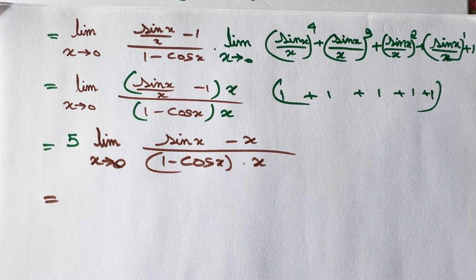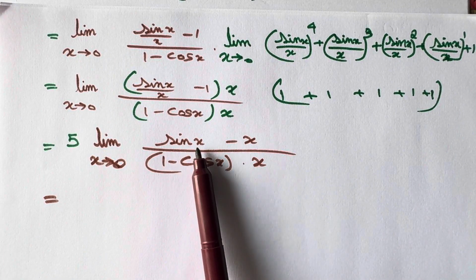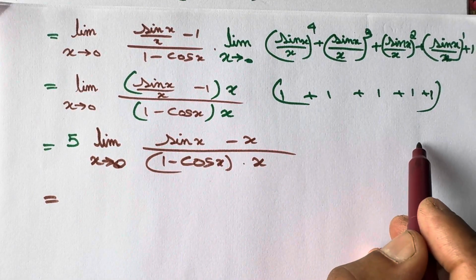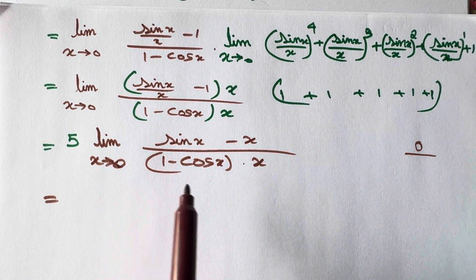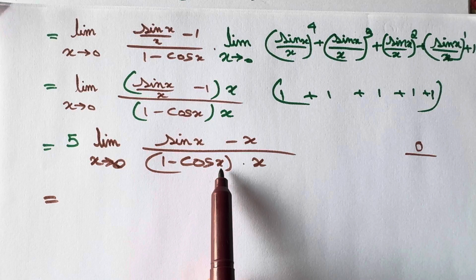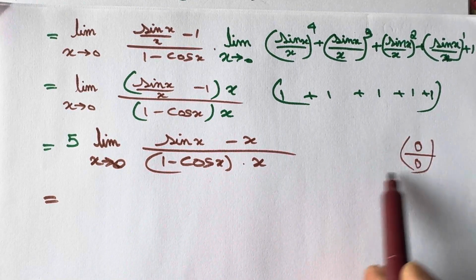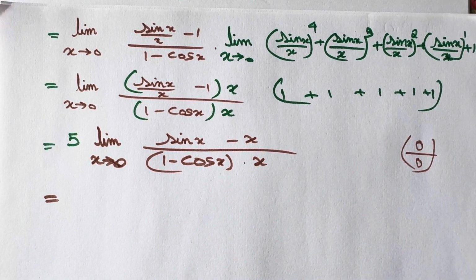Is this of the type 0 by 0 form? As x tends to 0, sin x minus x tends to 0, so the numerator tends to 0. How about the denominator? As x tends to 0, 1 minus cos x tends to 0, and x also tends to 0. So yes, it is of the type 0 by 0 form, and we apply L'Hopital rule.